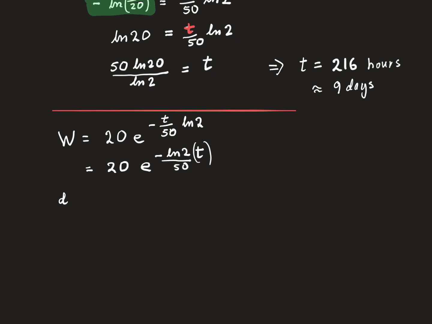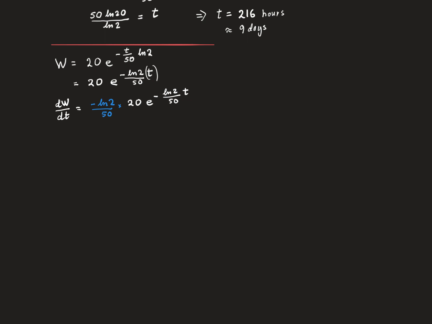So dW over dt is going to be, if we do the chain rule, ln2 over 50 multiplied by 20 e to the minus ln2 over 50 t.